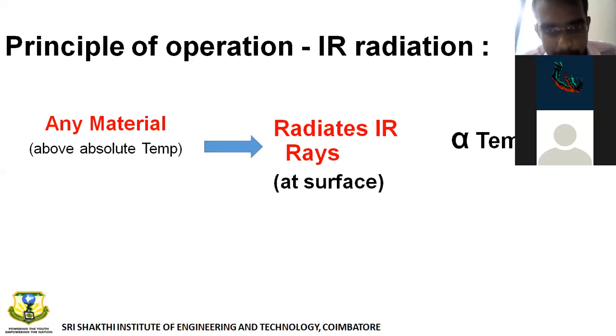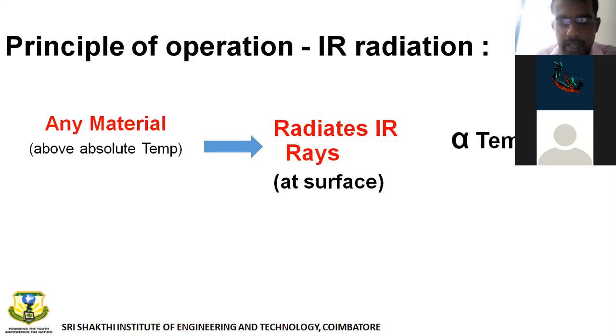It will emit infrared rays. That is the basic thing. That infrared radiation is directly proportional to temperature. If the temperature of that material is more, more infrared radiation is going to come.